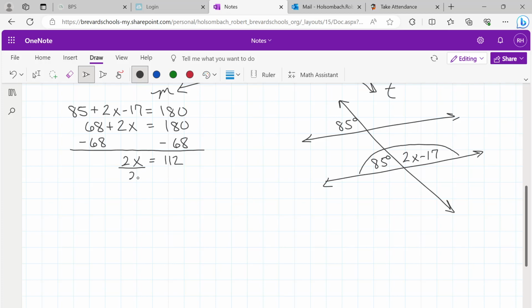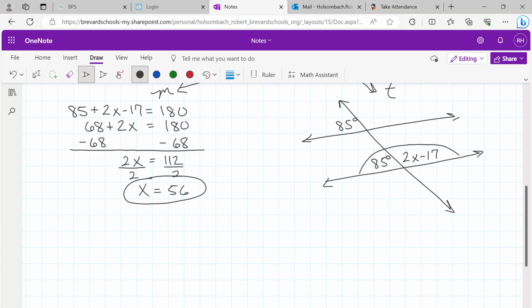And then divide both sides by 2. So our x equals 56. Any questions there? We used the rule about corresponding angles, then we used the rule about a linear pair.